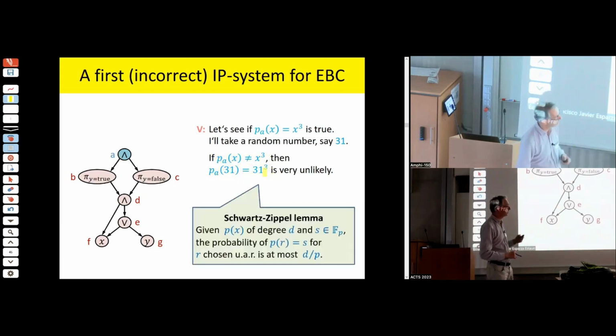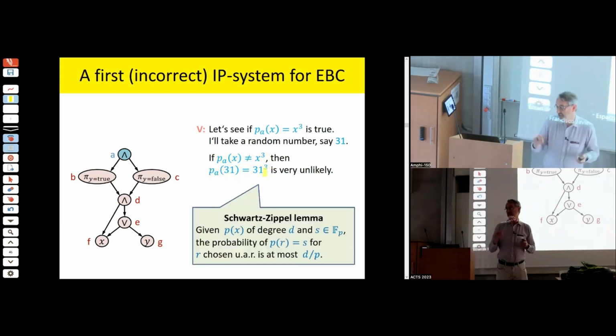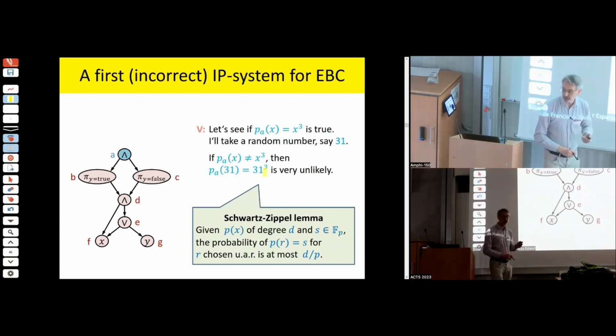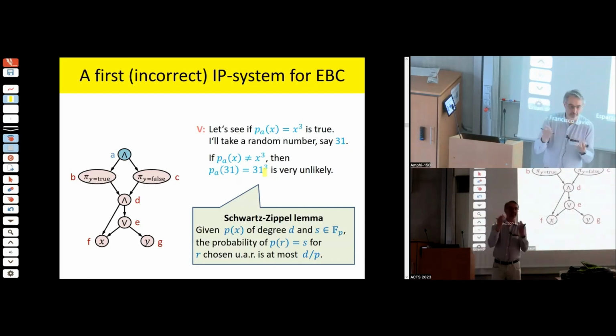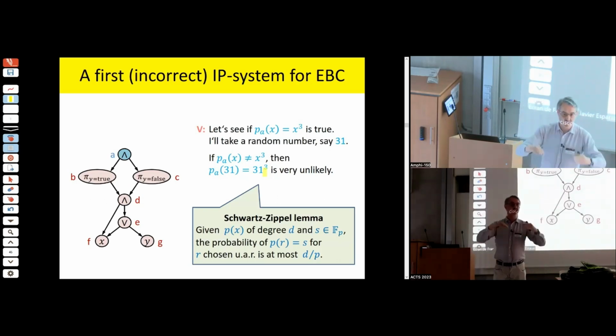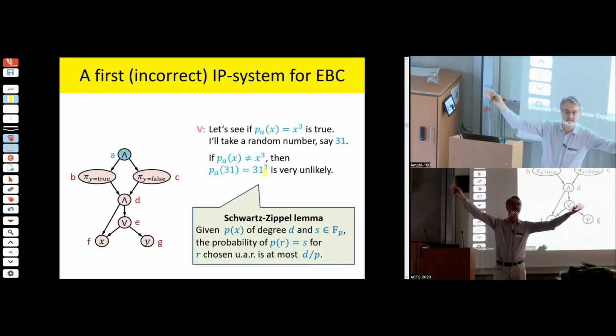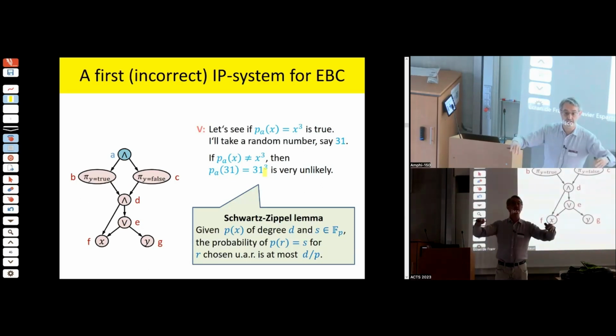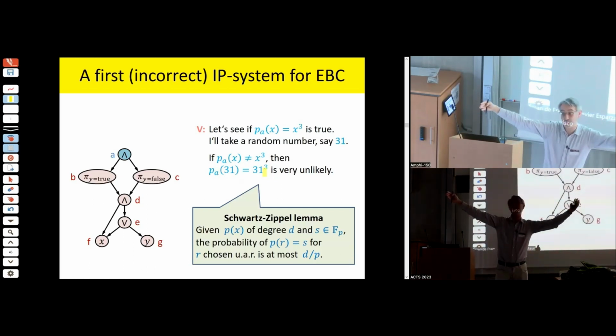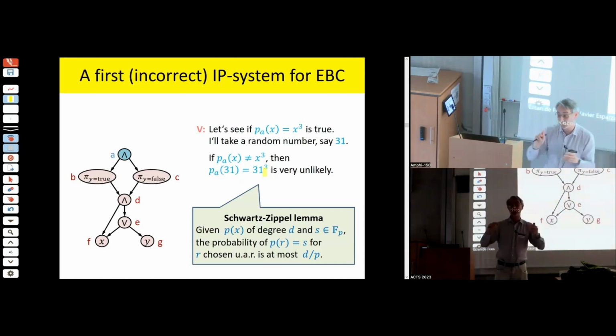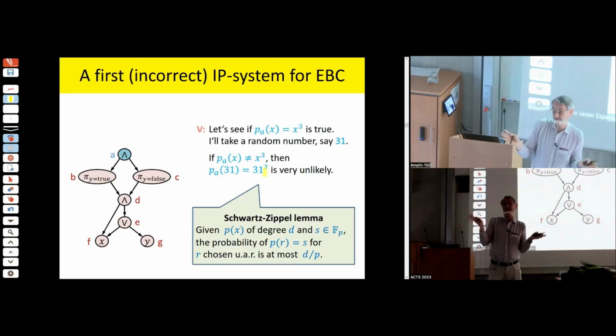This is what is called the Schwartz-Zippel lemma, which is a very simple result, an immediate consequence of the fundamental theorem of algebra. If the polynomial has degree 4, then it is going to have at most 4 zeros. But since you can evaluate it on 2 to the 61 minus 1 different elements, the probability that you hit one of those is very small.